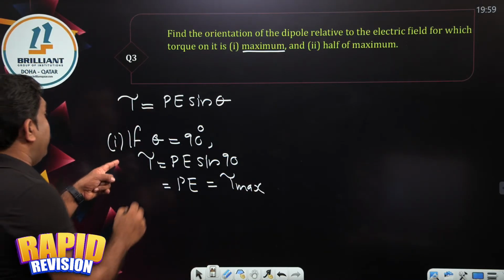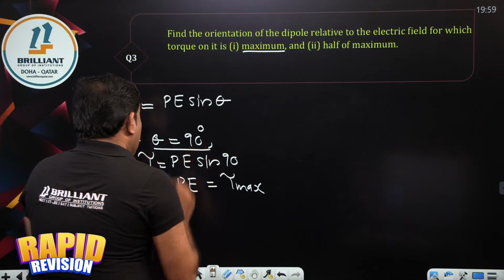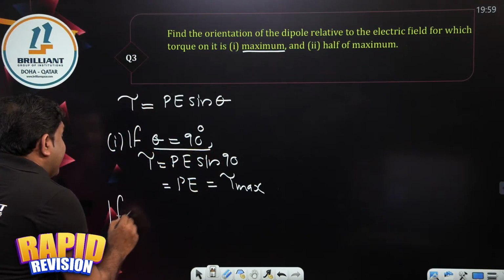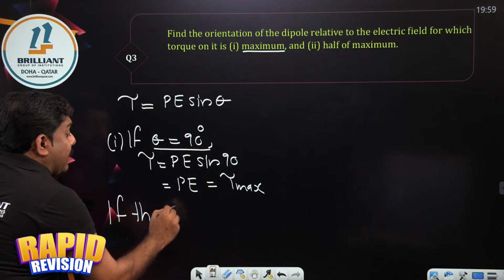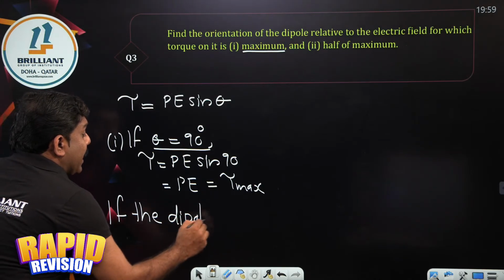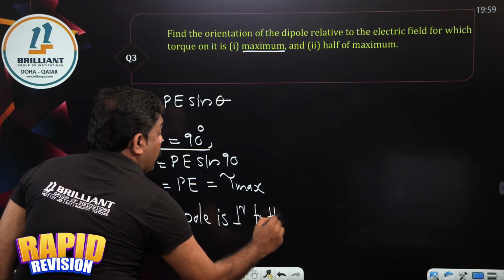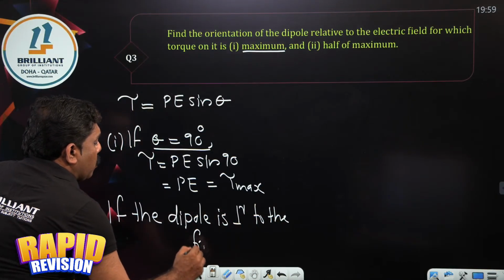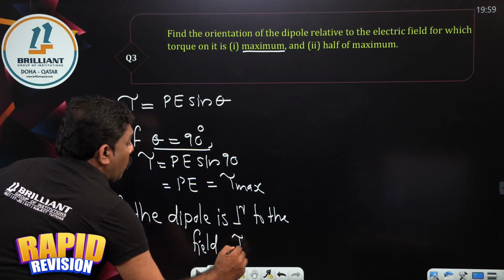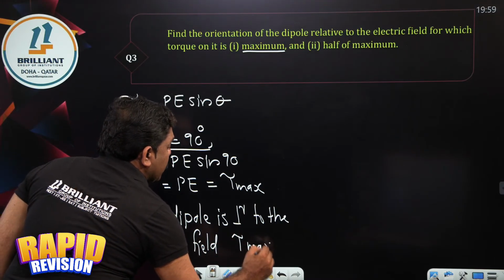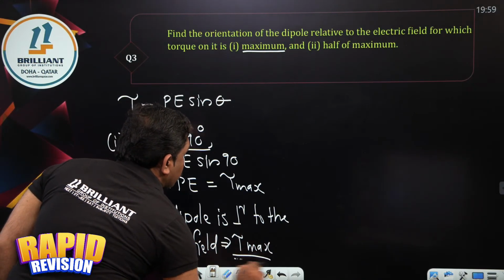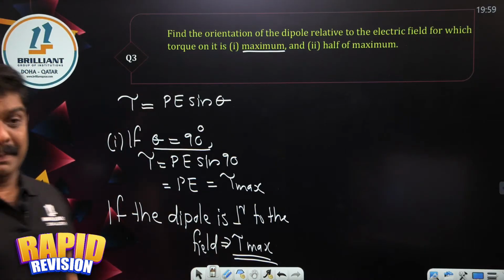So what's the orientation? Theta is 90 degrees. We have to state our answer in words: if the dipole is perpendicular to the field, then the torque will be maximum. So the first one we completed.